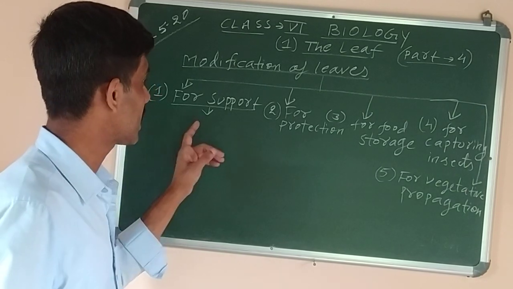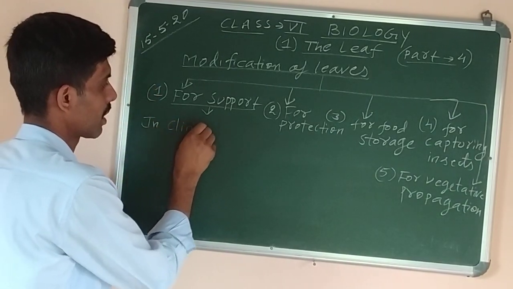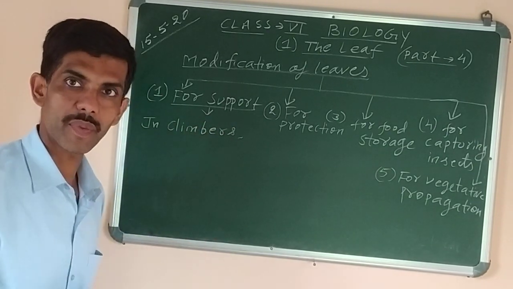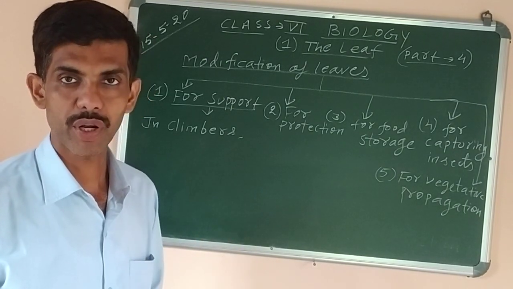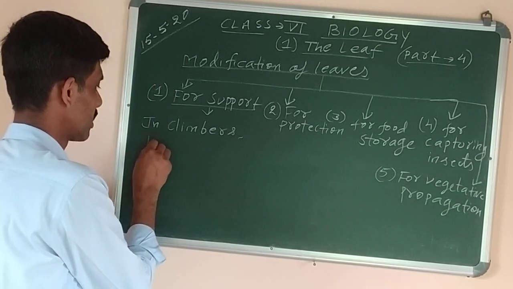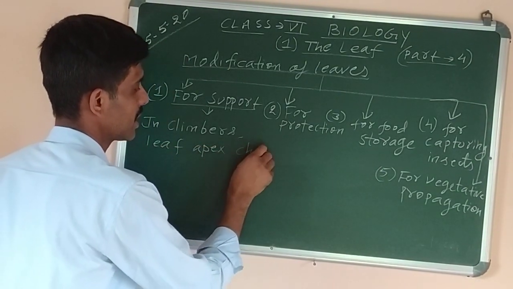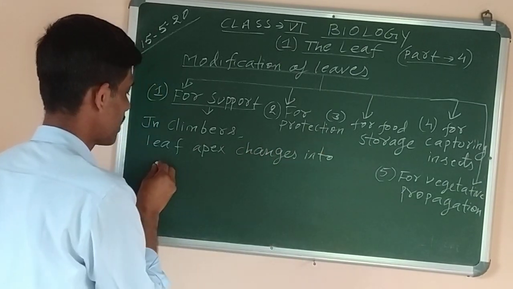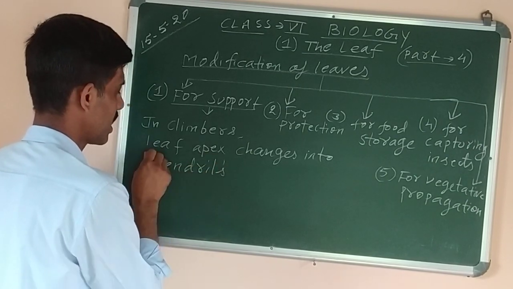But in climbers, which grow by taking support of some other plant, the leaf apex is modified or changed into tendrils. Leaf apex means the tip of the leaf changes into tendrils.